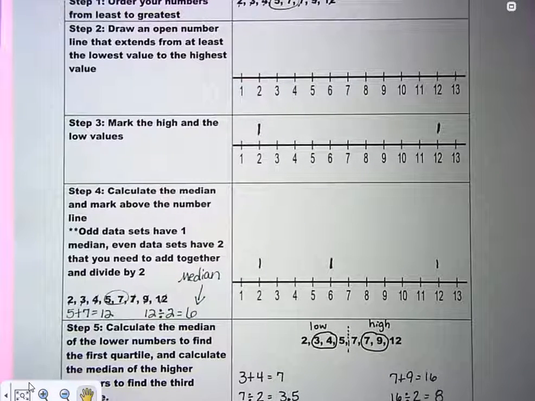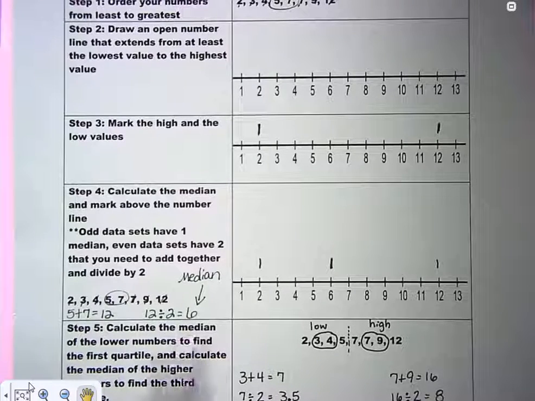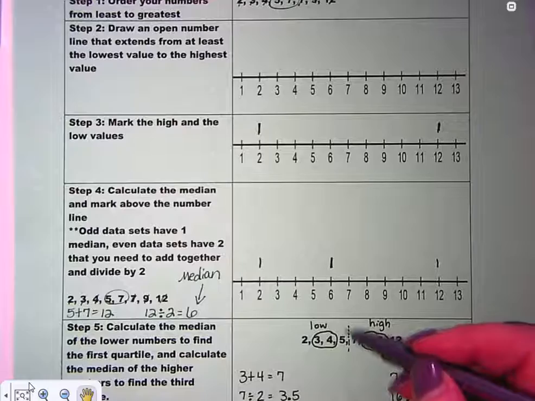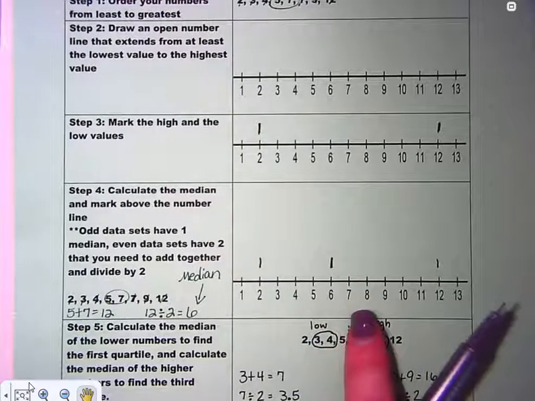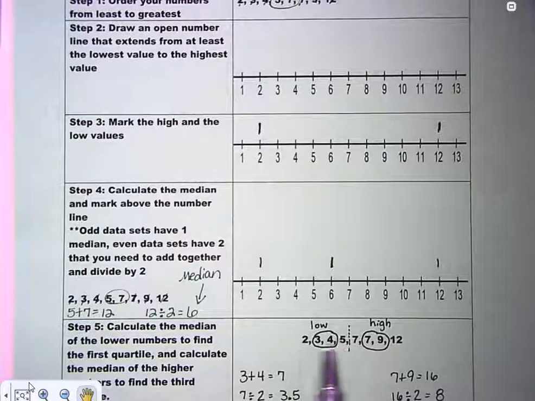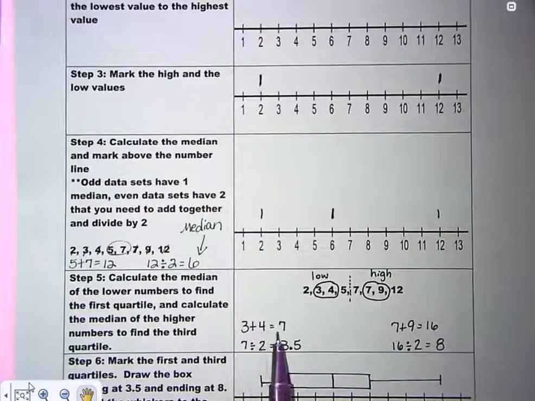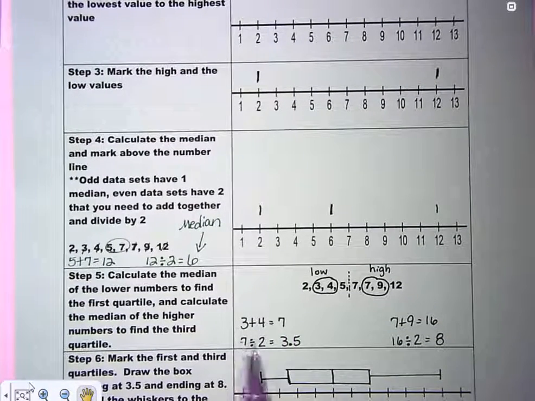All right. Step 5, calculate the median of the lower numbers to find the first quartile, and then calculate the median of the higher numbers to find the third quartile. Since there were 2 numbers in the middle, we're going to split them. If there was 1, we just wouldn't use it. So the 5 goes with the lower set, the 7 goes with the upper set. In the lower set, these 2 are in the middle: 3 plus 4 equals 7, and 7 divided by 2 is 3.5.